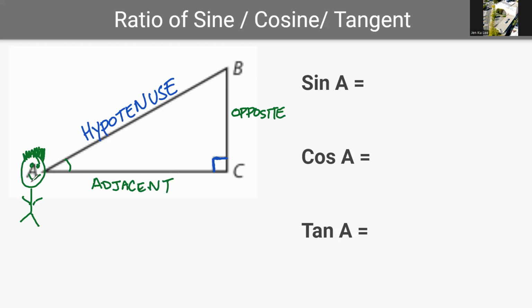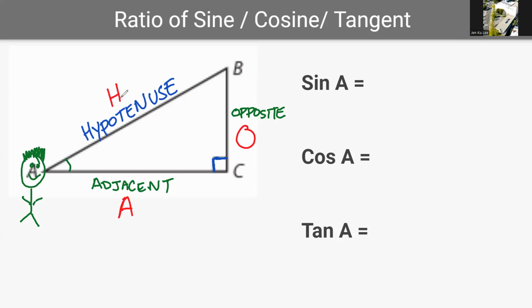So it's next to angle A. And obviously the hypotenuse is also next to angle A, but then we call that side our hypotenuse. So for short, I am going to label opposite as O, adjacent as A, and hypotenuse as H.